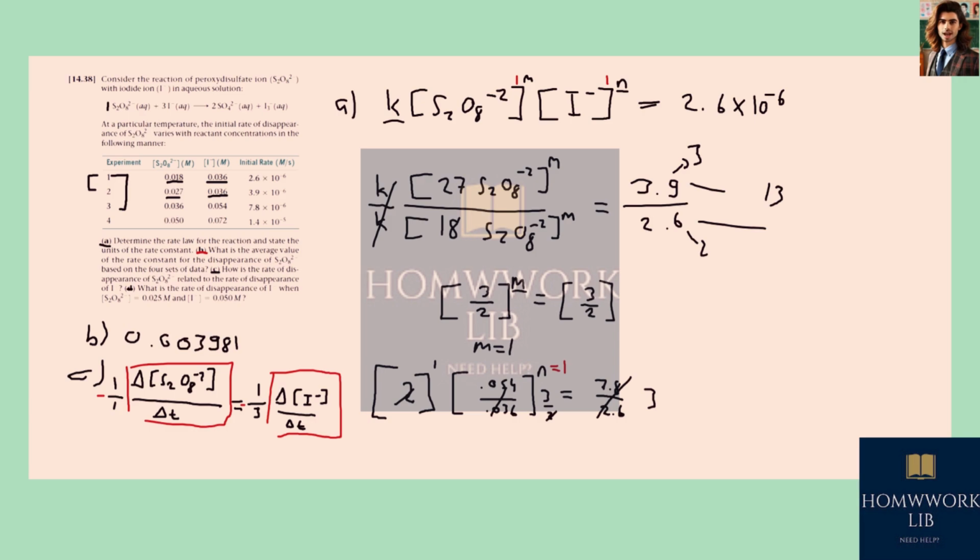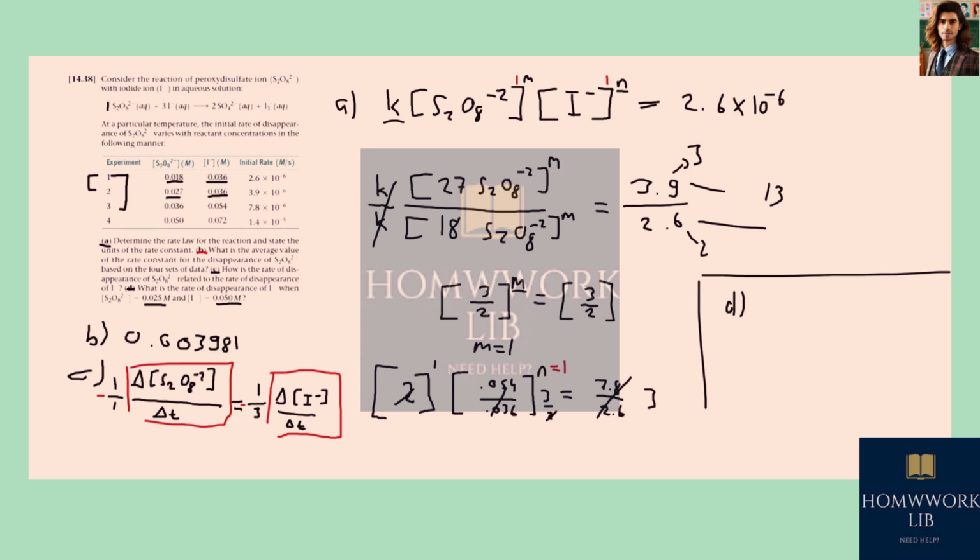At part D, they're asking what is the rate of disappearance of iodine. Let's solve D here. The rate of disappearance of iodine when S2O8 is this much and I is this much.